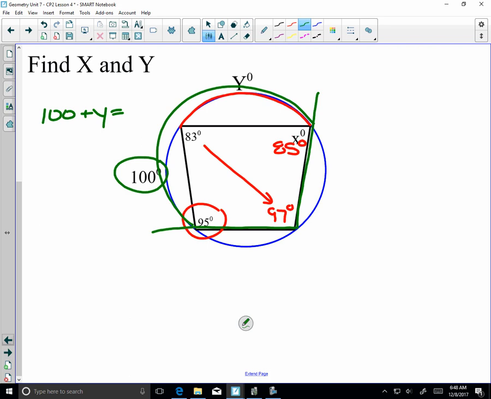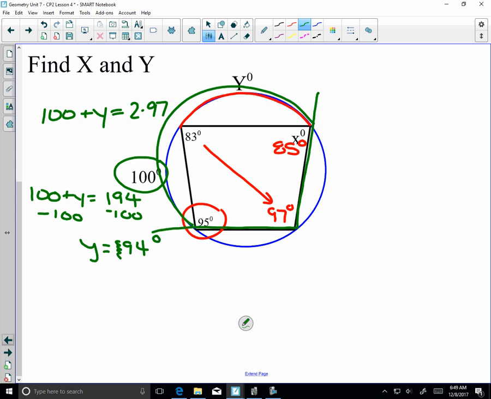We know that that's across from the 97-degree angle. So as the 97-degree angle comes out, it has to be multiplied by 2. So then we get 100 plus Y equals 194, and then we subtract 100 from each side to get Y by itself. Let's just call it 94, right? Instead of 194.